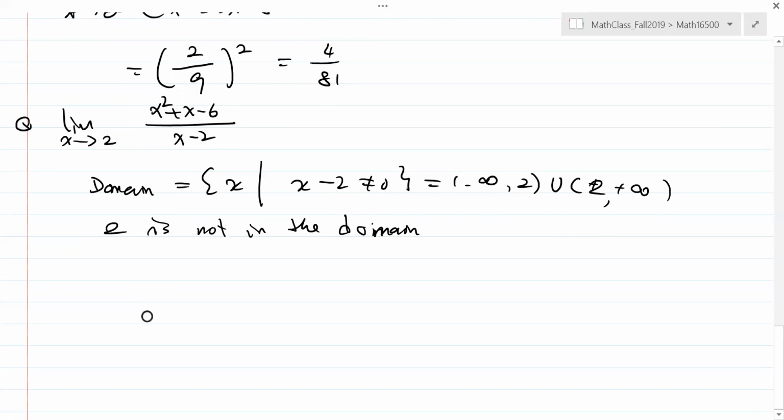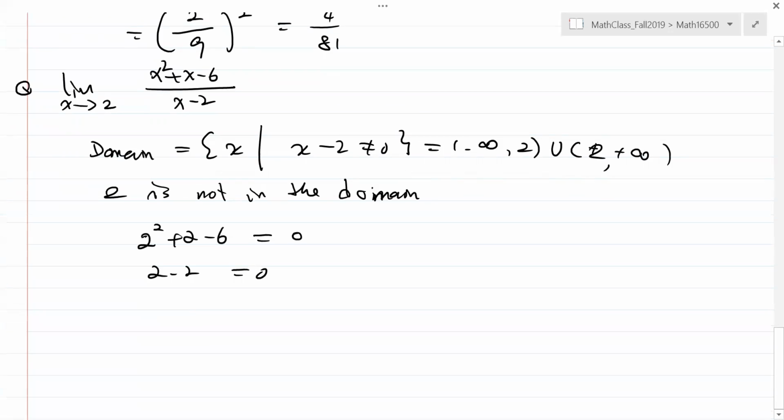Actually the value of the function is not defined there. Well, when you plug 2 for x, you notice that numerator and denominator both are 0. 2 squared plus 2 minus 6 is going to be 0, and 2 minus 2 is going to be 0. So it's going to be 0 over 0, and you cannot just plug 2 for x to evaluate the function in order to get the limit.